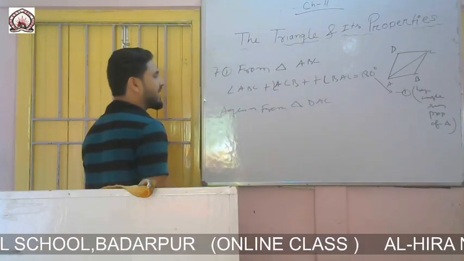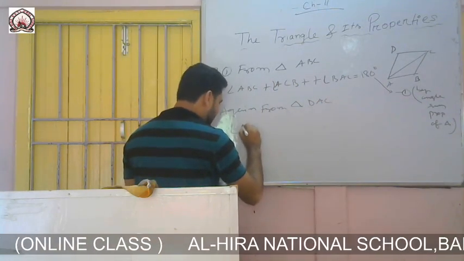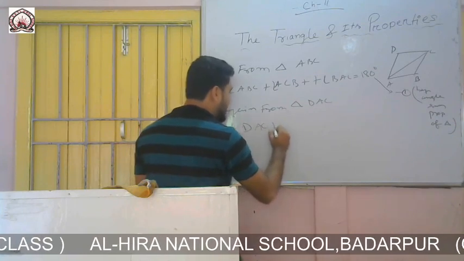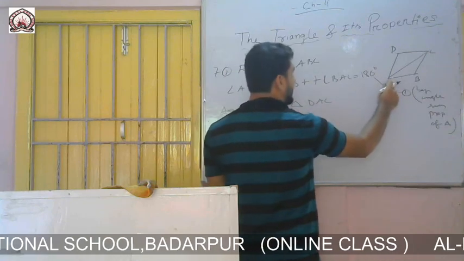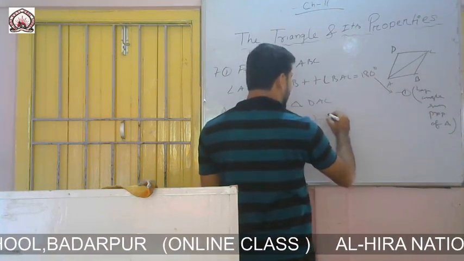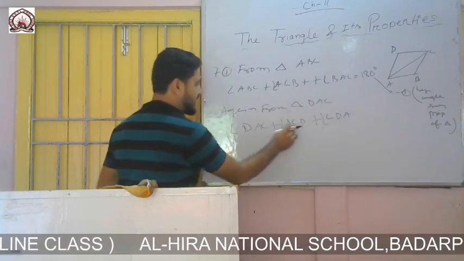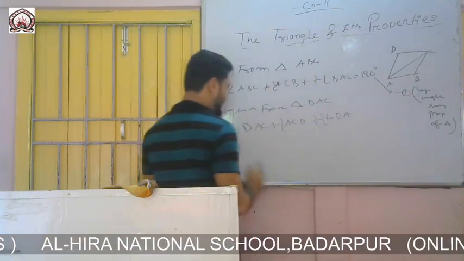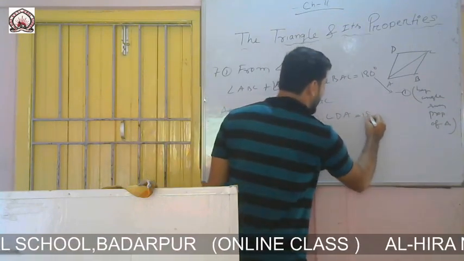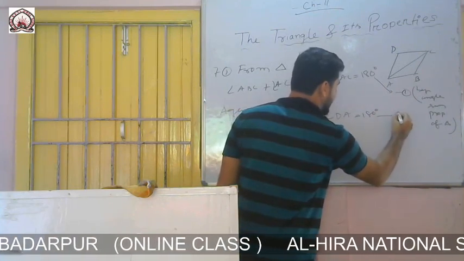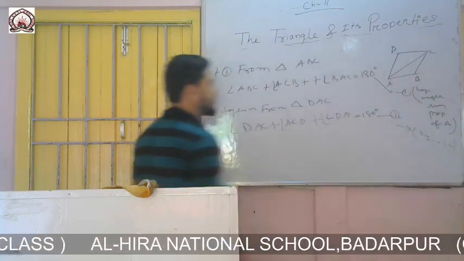Again from triangle DAC, I can write angle DAC plus angle ACD plus angle CDA. You just check whether I have written all the angles. So DAC plus ACD plus CDA equals 180 degrees. You give it as equation 2 and write the same reason, by angle sum property, as in equation 1.